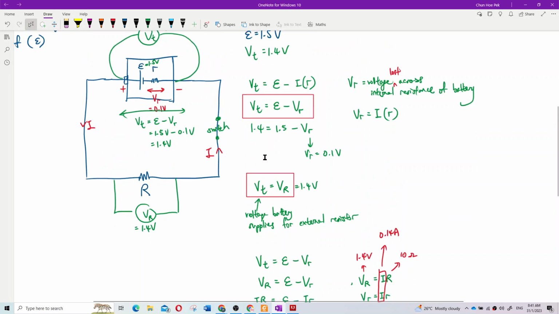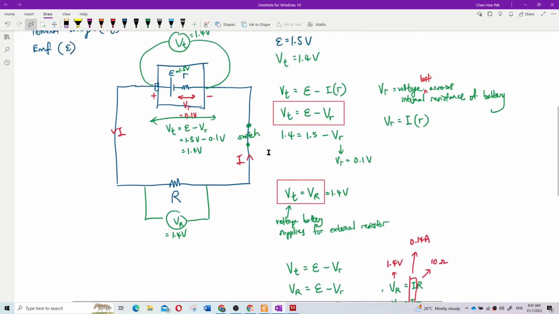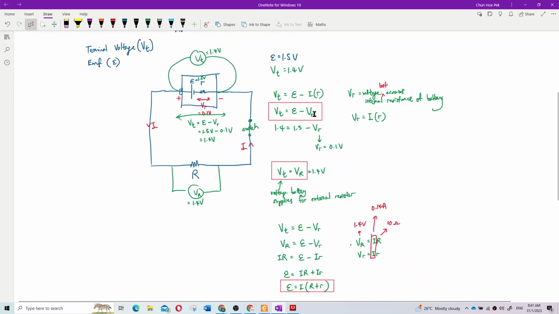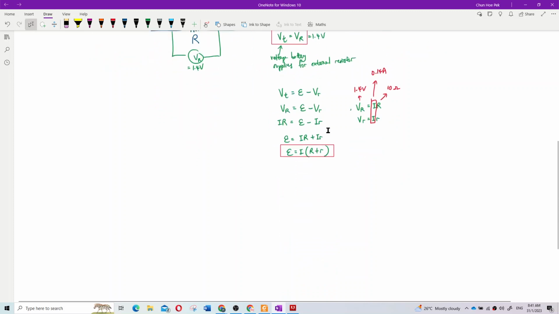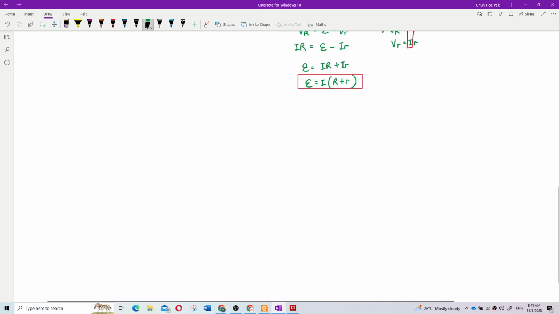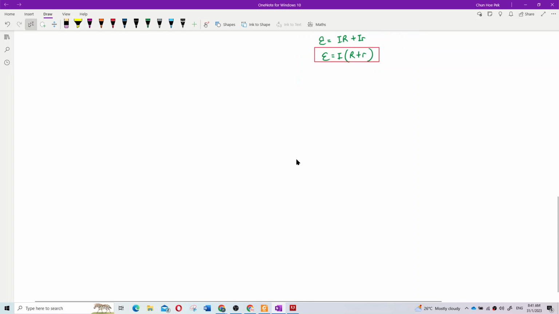Okay, class. So at least you understand: terminal voltage is EMF minus the voltage drop across internal resistance. Now there are two setups here. I want you to look carefully. Yesterday I did draw this.